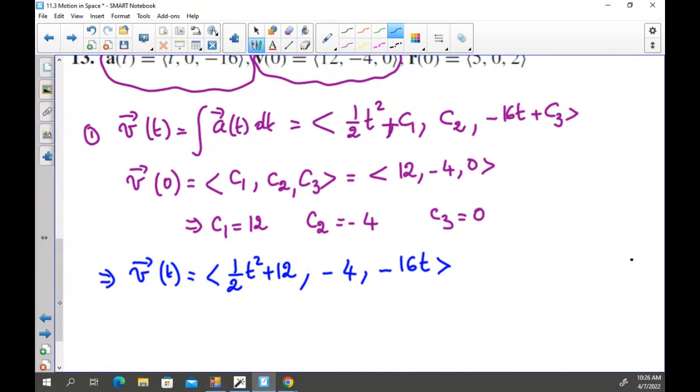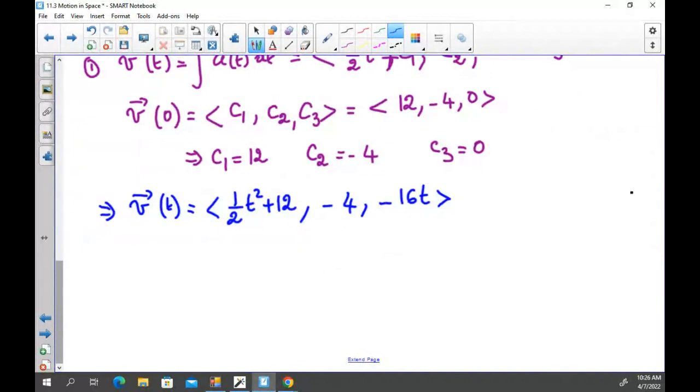And then we do the same now to find the position vector. So we are going to move into R by integrating the velocity. So you can see really it's important you know how to integrate, differentiate, and so on. That is really the basis of all this work in calculus 2.